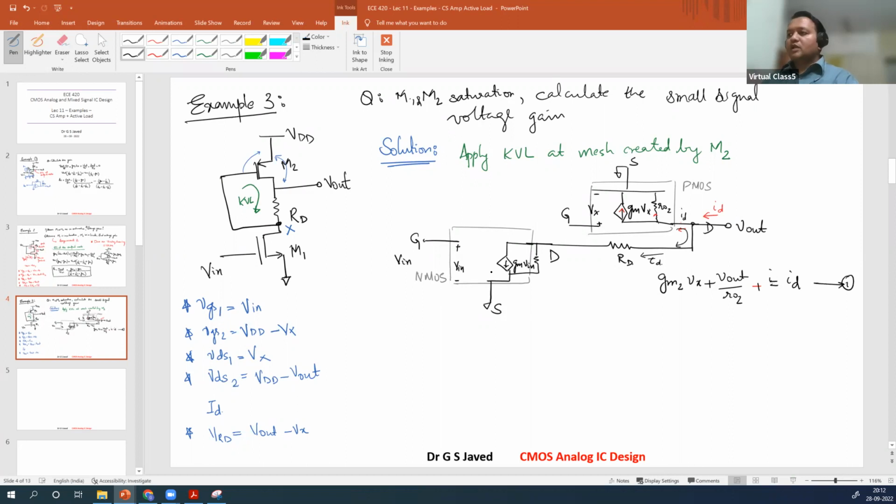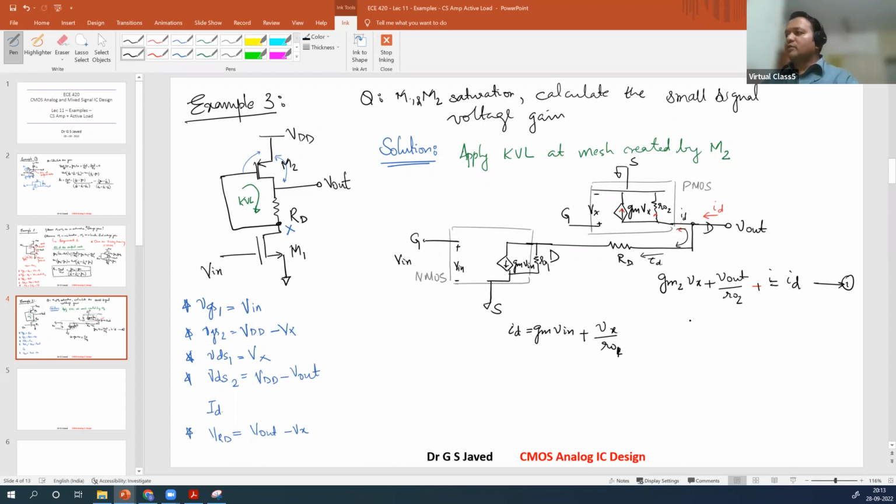Another equation we get is, how do we connect these three? What is the same current ID that is flowing? The same current ID is equal to gm V in, and what is this voltage? Vx, plus Vx by RO2, RO1, is equal to ID.